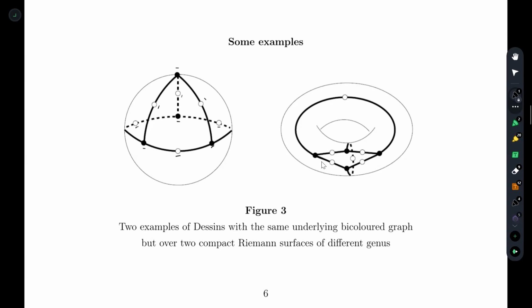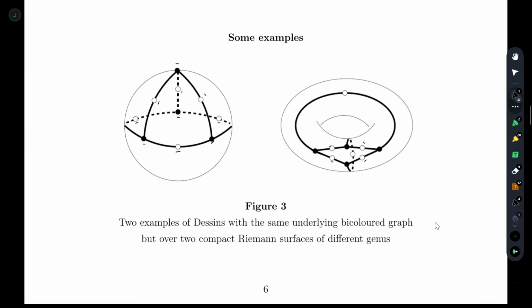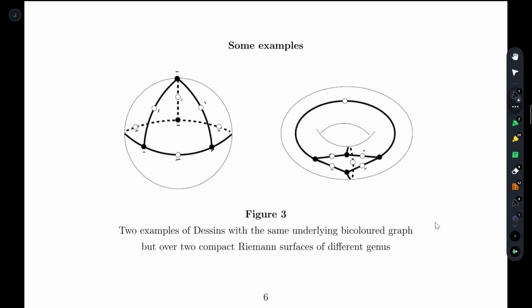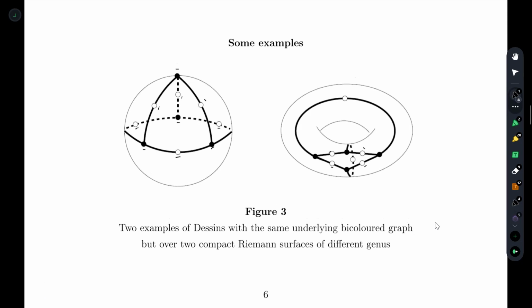But as you can see, the underlying graph is actually the same, but they are on two different Riemann surfaces of different genus. So are the figures clear? Yes.